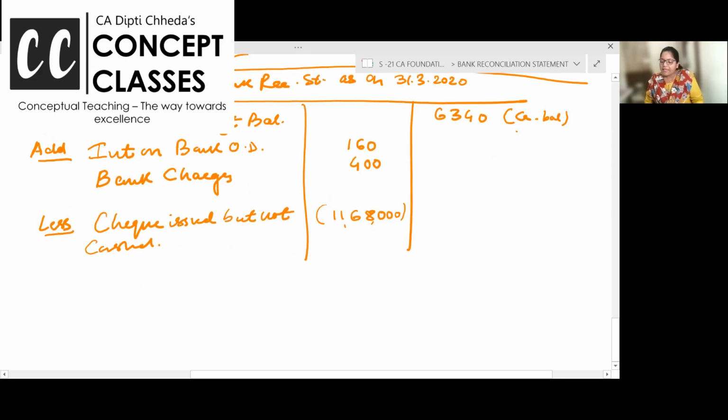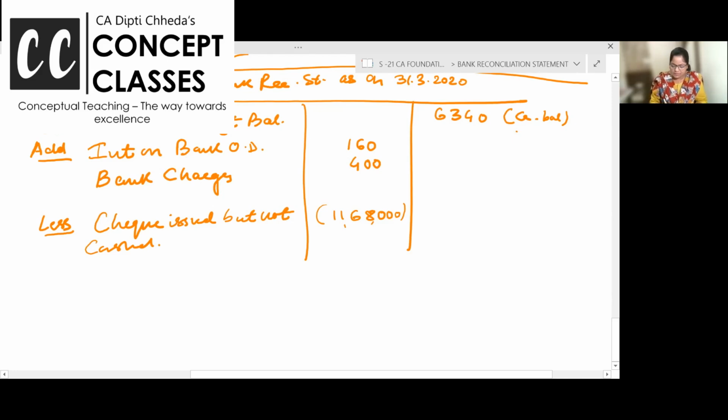Check paid into bank but not cleared. When I paid into bank, that means when I deposited the check, what did I do? Listen to the explanation. Bank account debit to party. I deposited the check. But the check is not cleared. So now bank account credit. What is the nature? Already credit. More credit. So what will I do?